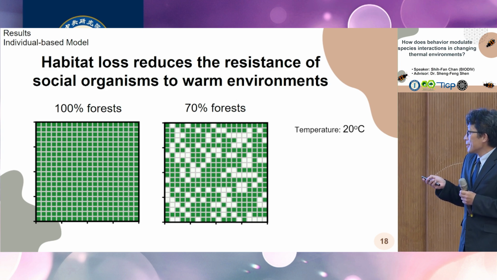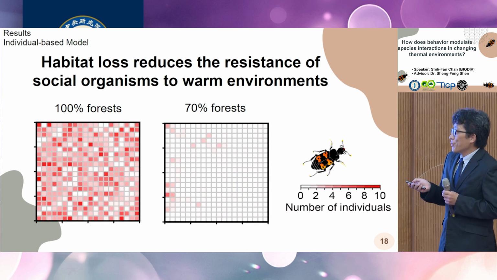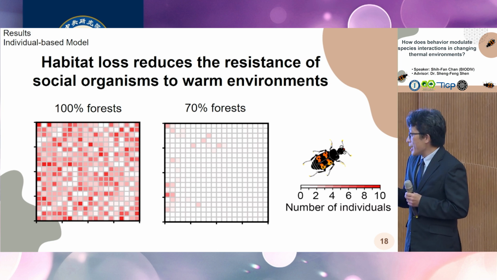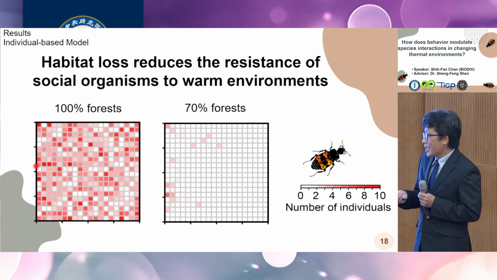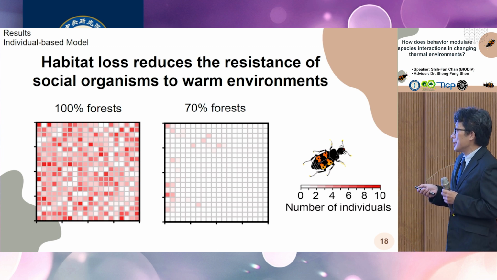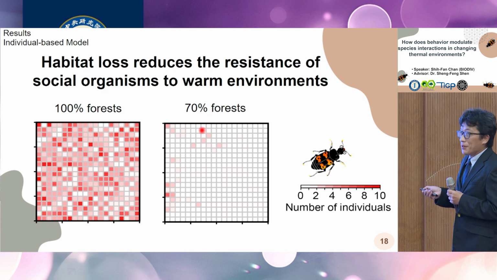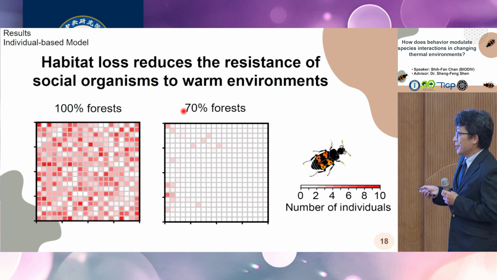The result shows that in the intact habitat, the burying beetle can successfully colonize the entire habitat. However, in the 30% deforested habitat, the beetles can only be distributed sporadically and sparsely in a relatively low proportion of the habitat, much lower than 70%.